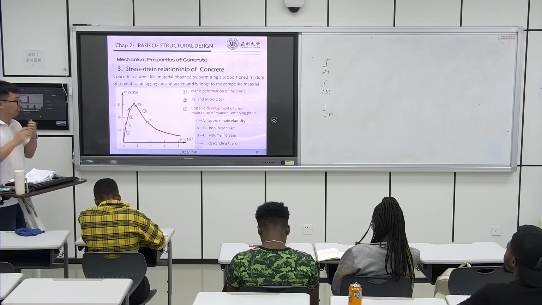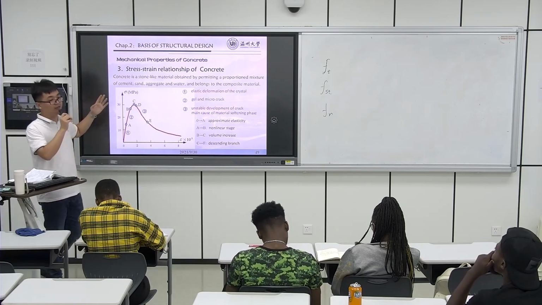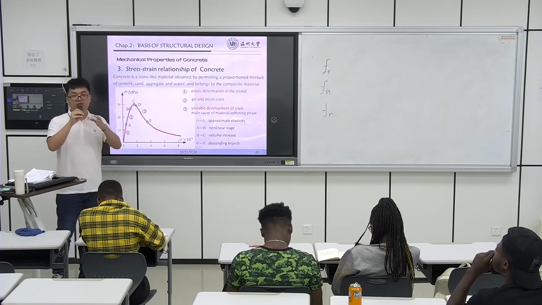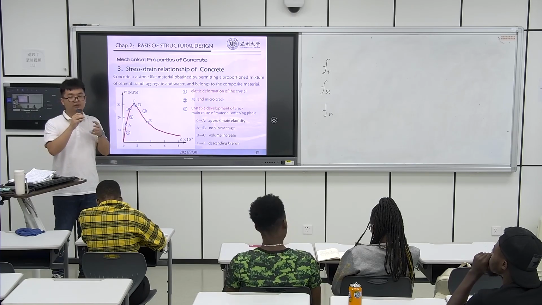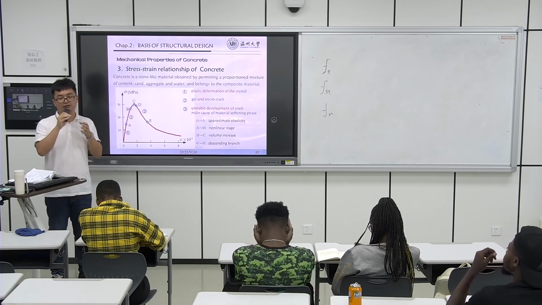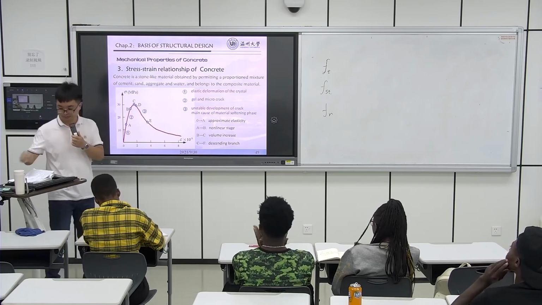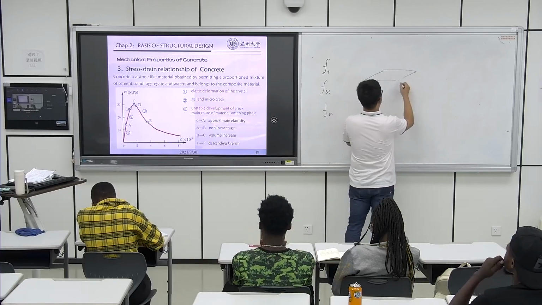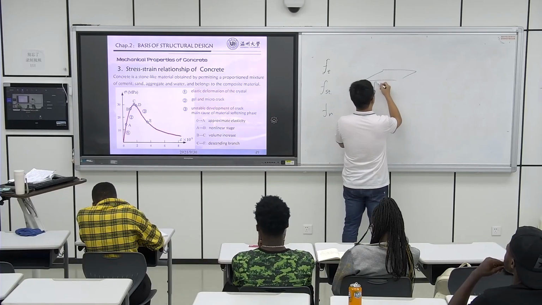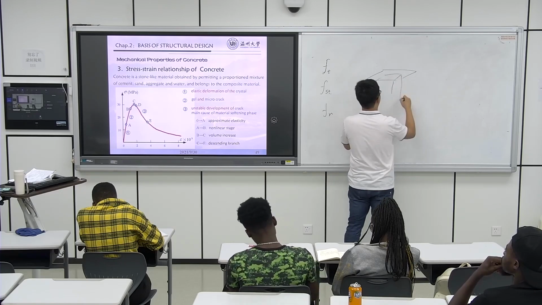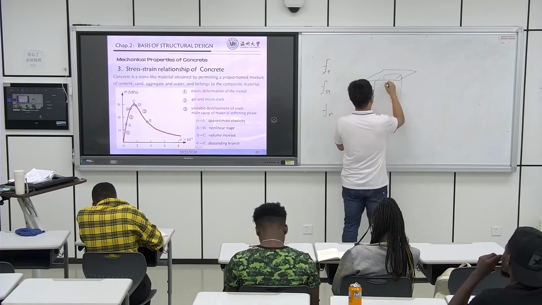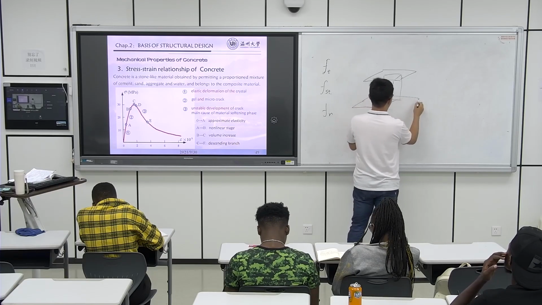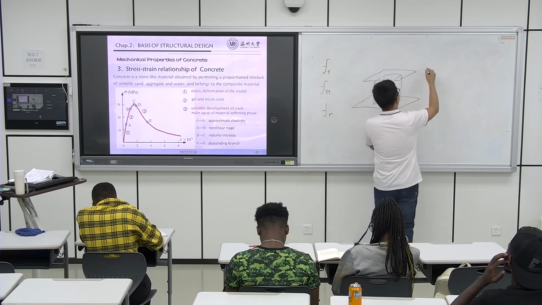Here I introduce how we get the stress-strain relationship. Before, we mentioned we use a cube under the compression test machine, right? Like the machine. This is a cube, and there's a machine.